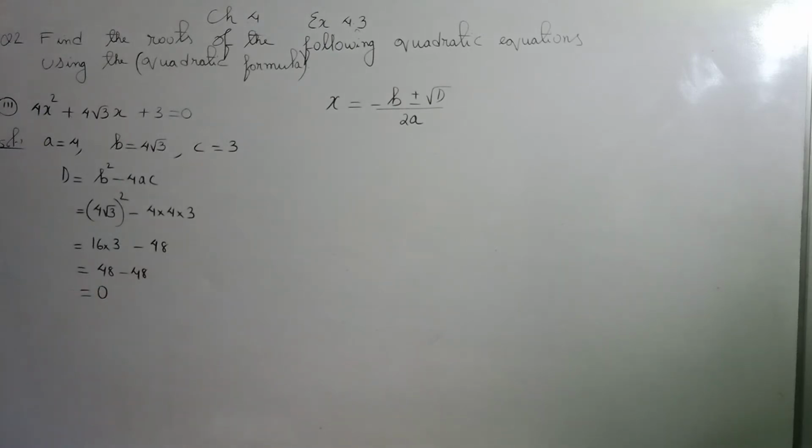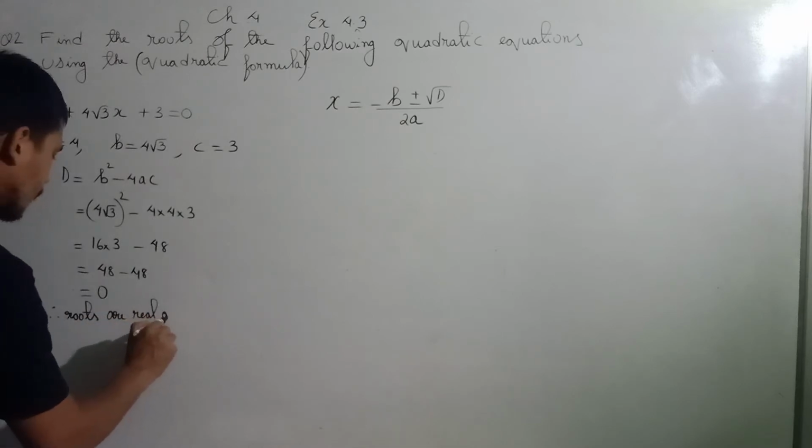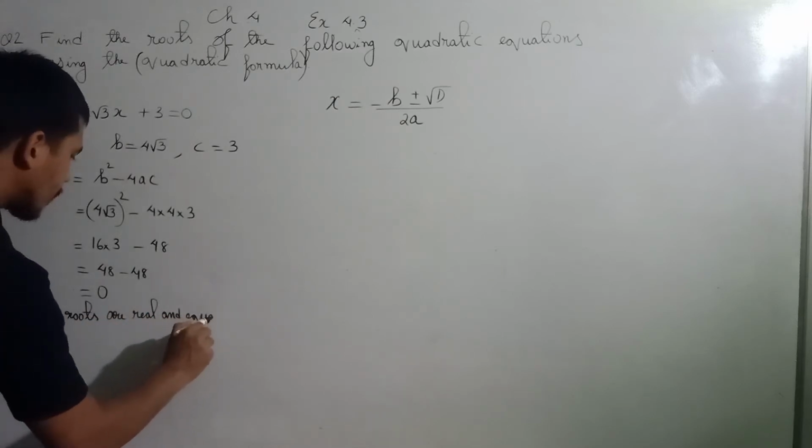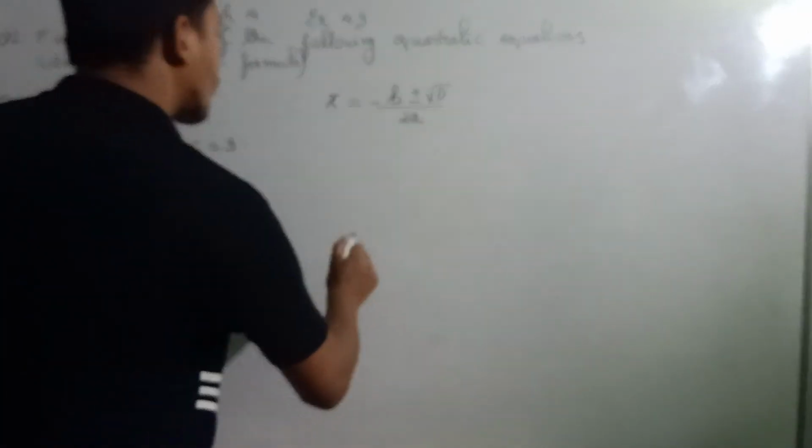Now we have seen that if the discriminant is 0, then we have real roots and they will be equal. Therefore, roots are real and equal. Now let us obtain the roots by using the quadratic formula.